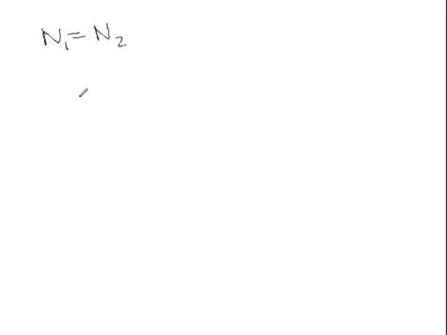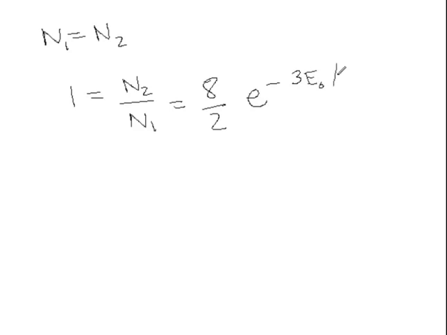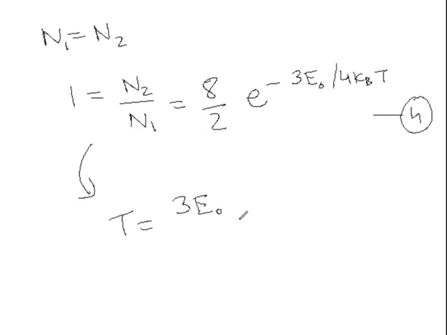And so, this means we want this thing, by 4 kT. Now this is equation 4. Even though we are talking about an example, it is good to number this equation. Now this can be solved to give the temperature having this value.